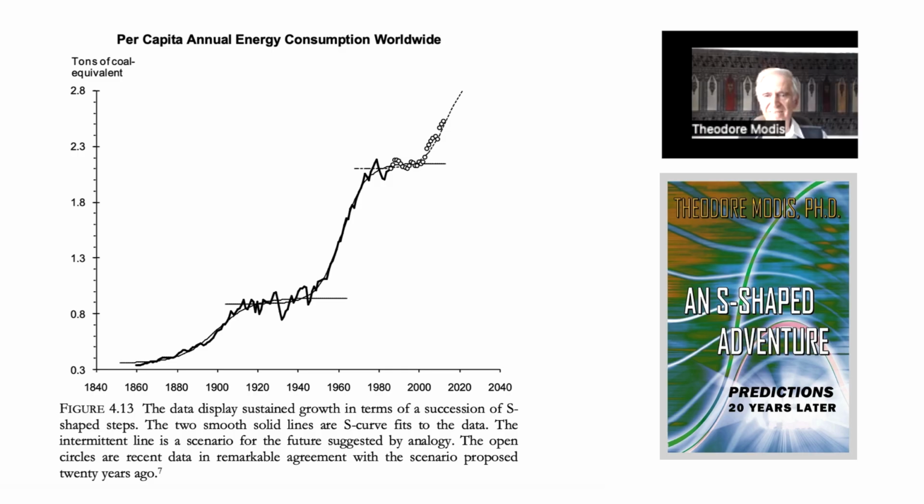Then later on, you say per capita energy consumption worldwide is more than 7 times greater today than it was 150 years ago. This increase, you tell us, took place not in a steady uniform rate or even in a random fashion, but in an S-curve shape. Yeah. Beautiful.